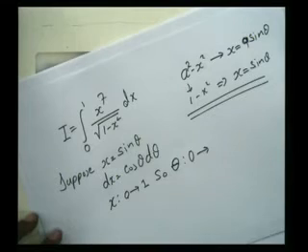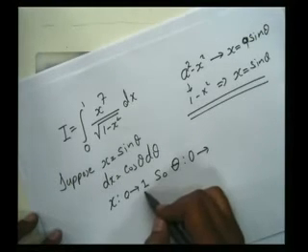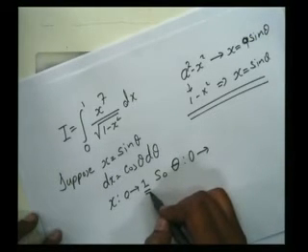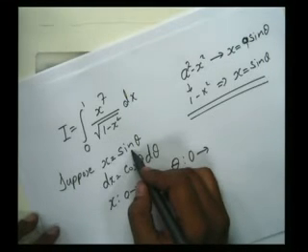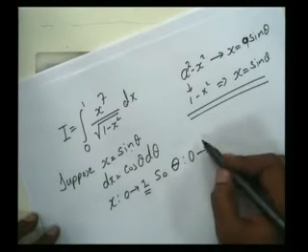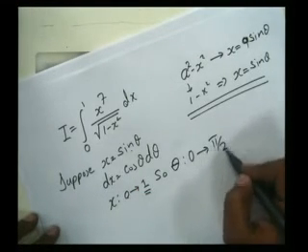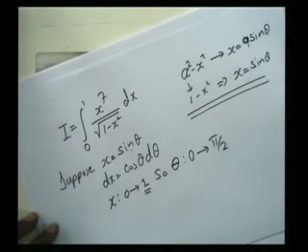Sin theta is 0 when theta is 0. Upper limit x equal to 1, 1 equal to sin theta. Sin theta has value one when theta is pi by 2.